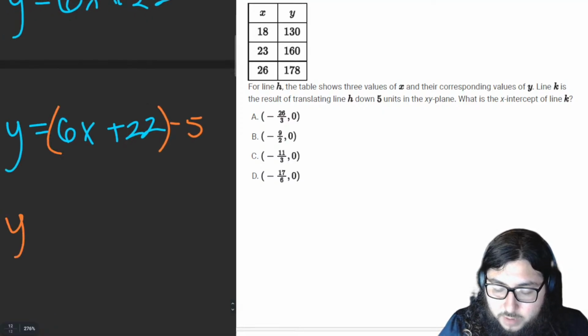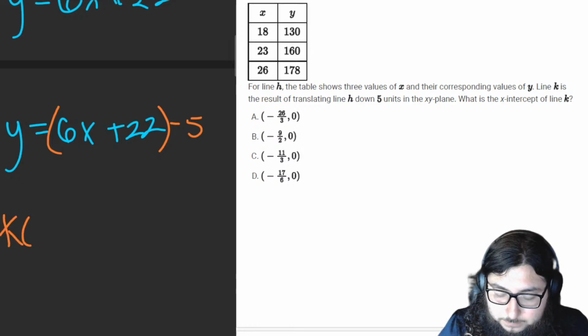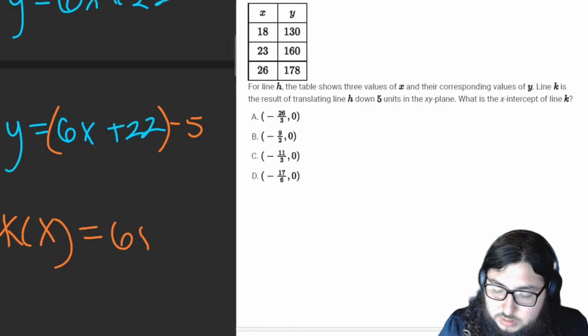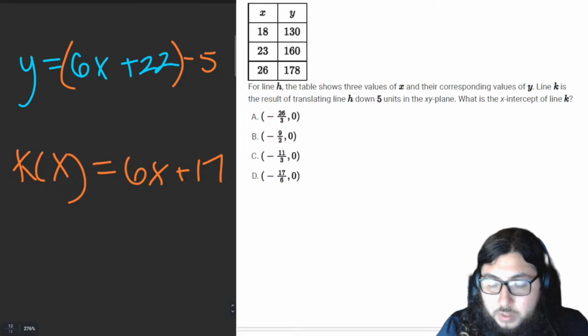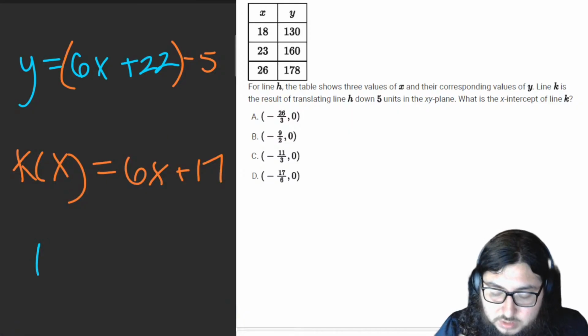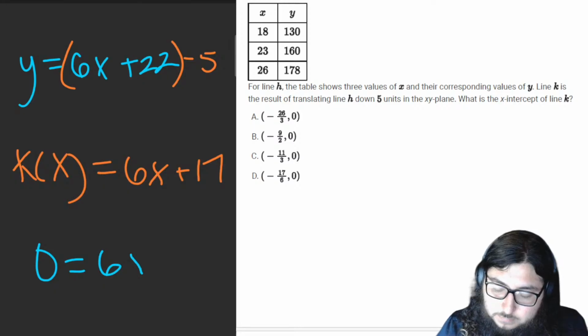We get that y for line K, and I'll even call this k of x, is equal to 6x plus, 22 minus 5 is 17, so plus 17. And so to calculate the x-intercept of line K, we just have to set k of x equal to 0 and solve for x.